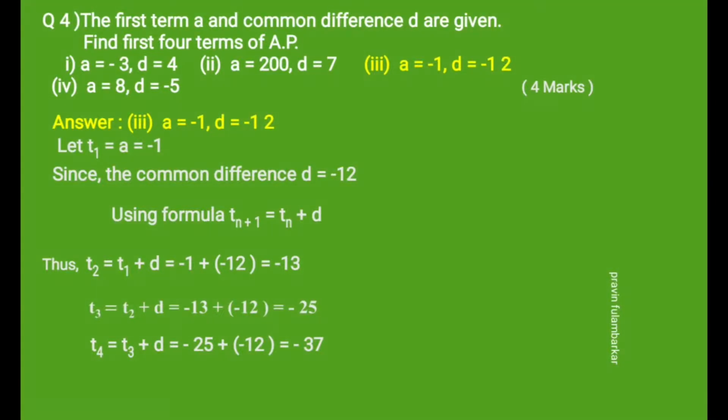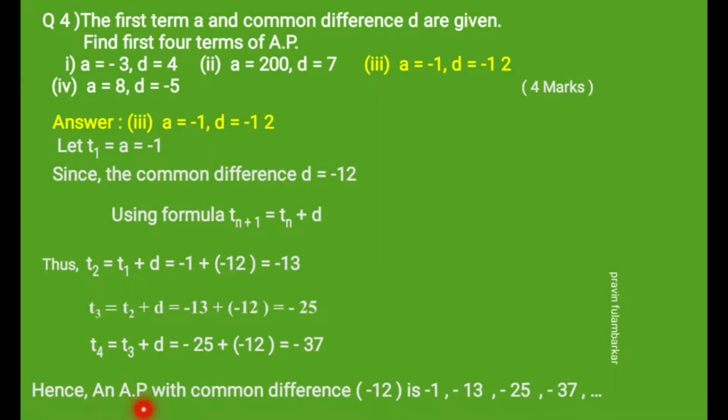So in this way we get first four terms. Hence, an arithmetic progression with common difference -12 is -1, -13, -25, -37 and so on.